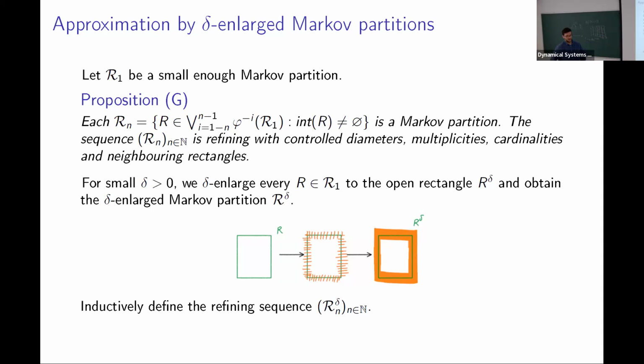And what is not obvious is what I call the neighboring rectangles lemma. And this is the important part for Ahlfors regularity. It means the following: if you focus on any rectangle at any level, pick a small enough rectangle, then you try to understand how many rectangles of that same level intersect the given rectangle.